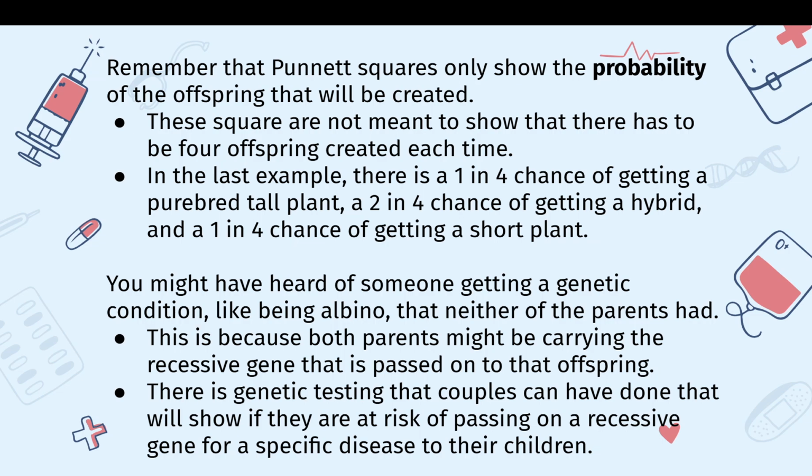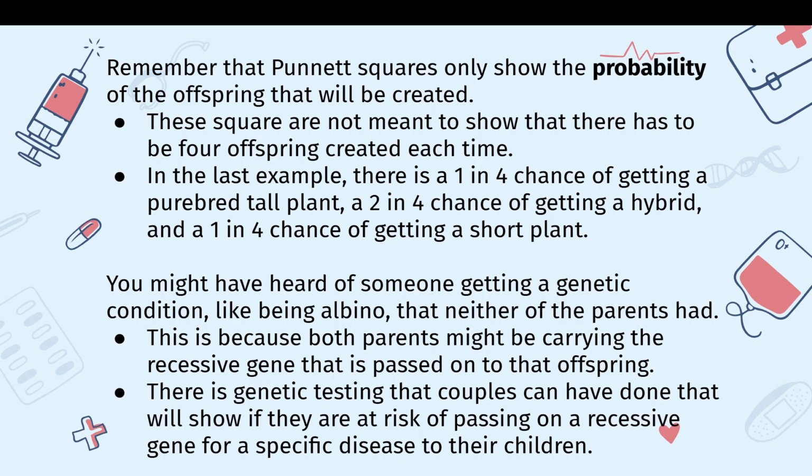There's a 1 in 4 chance that the child could be born albino. And that means that what parents can do in our modern day world is actually go for genetic testing, and they can see if they're carrying any recessive genes.